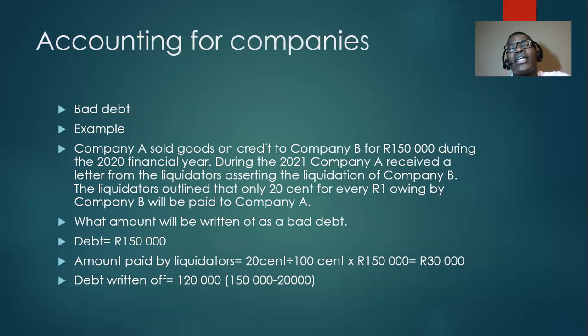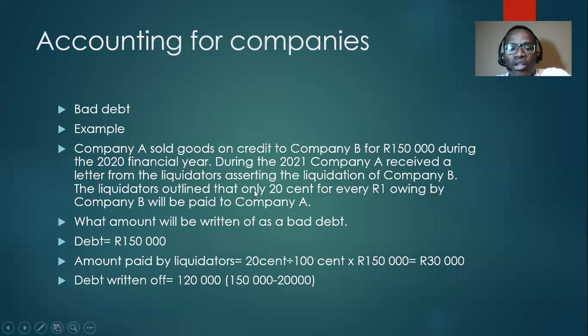The liquidator will try to sell the assets of that company that is struggling. Then, based on the ranking of its creditors, it will pay each creditor according to their rank. Say they'll start paying the employees of that company, then the loans from the banks, maybe tax that is due to SARS, etc., right?